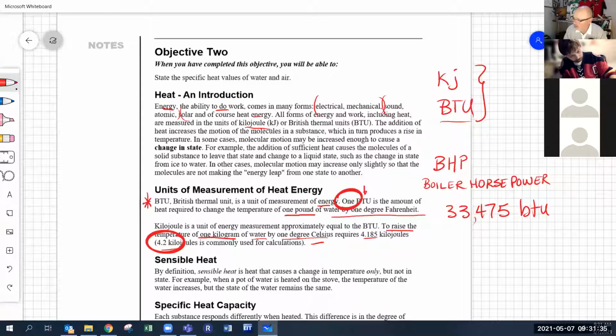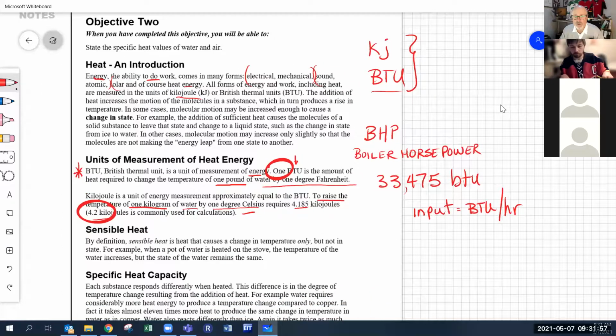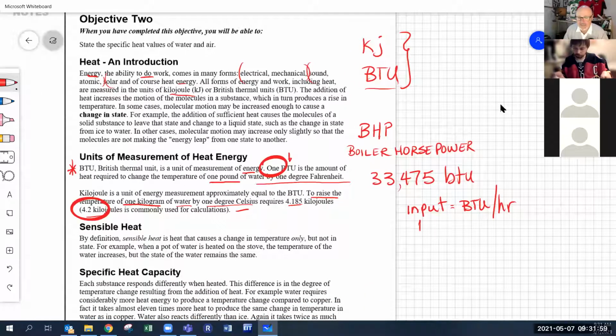Now, our appliances, gas burning appliances most specifically, are rated or given an input value, typically in BTUs per hour. Sometimes they're rated in kilojoules per hour or watts.